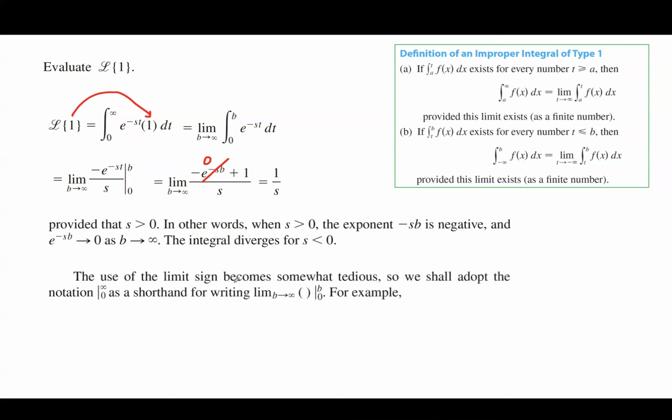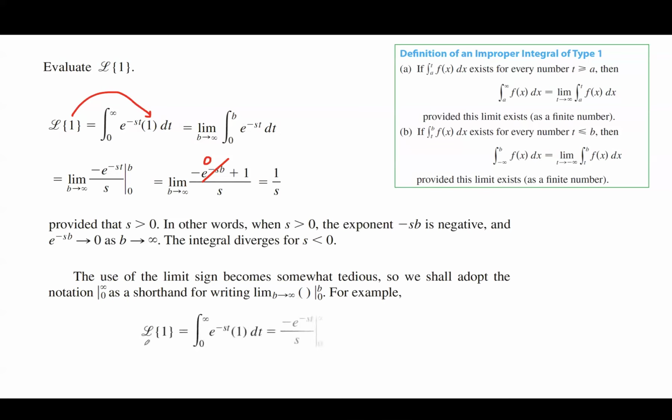The use of the limit sign becomes somewhat tedious, so we are going to adopt the notation of 0 to infinity as a shorthand for writing the limit of the quantity as the variable ranges between 0 and b and b goes to infinity.